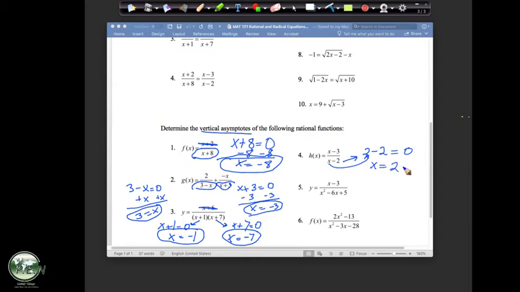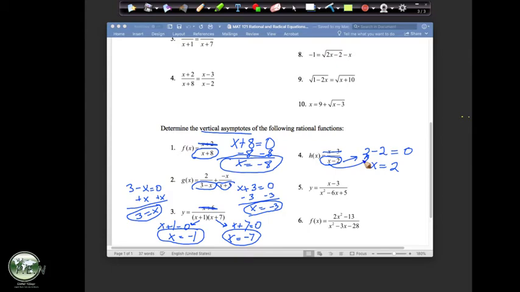Again, you could follow through with the whole method: take the bottom, set it equal to 0, solve for x. That will do it every time as well. But as you start to get these, when they're like this, you can just ignore the top and get your vertical asymptote. That's all we're going to require of you in this class. And as you get it down, it's going to help you when you're in 150. And they'll add one more thing to it.